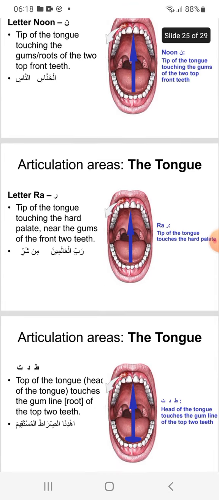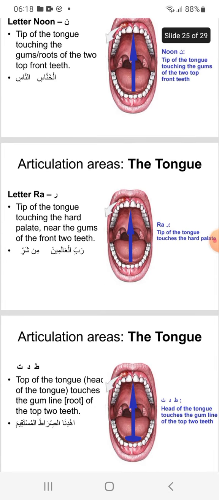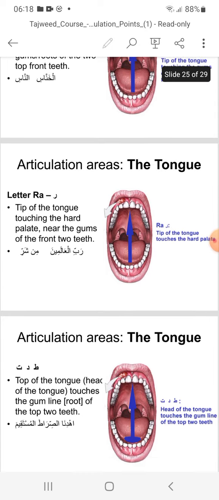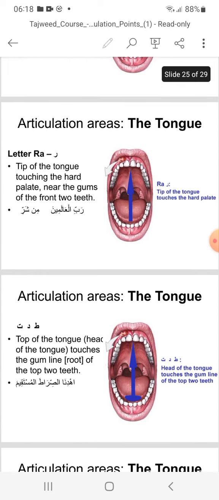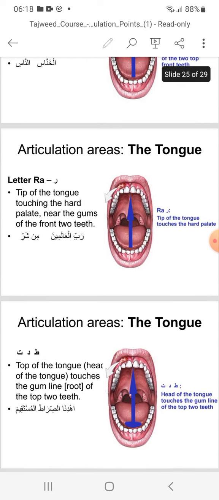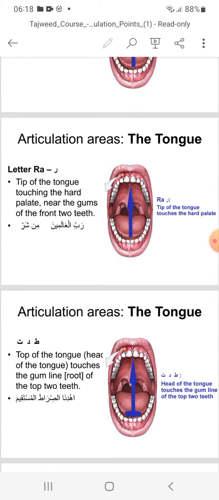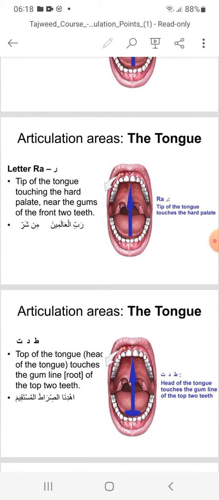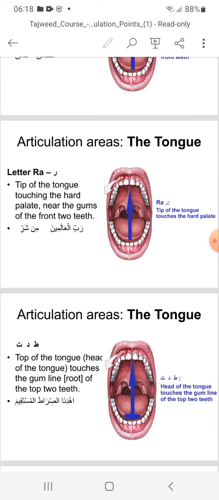What else should we take care about with the ra? Some people suffer because they mix the ra with the ghain sound. They add ghain. Why is this happening? Why do those people mix the ra with the ghain? This is something we should take care about.